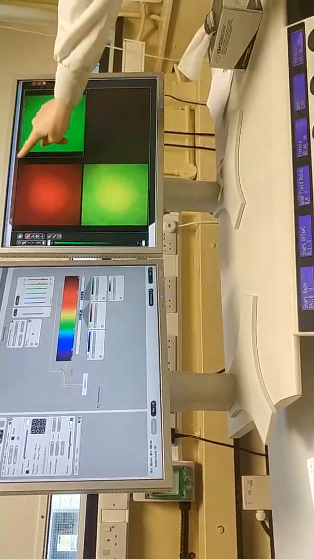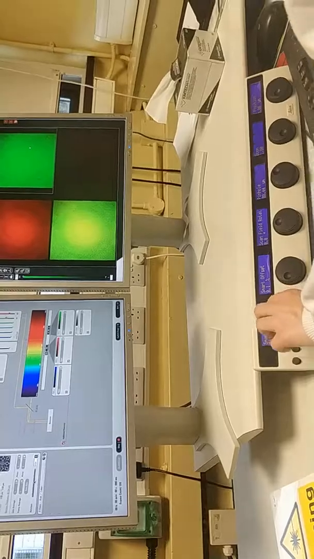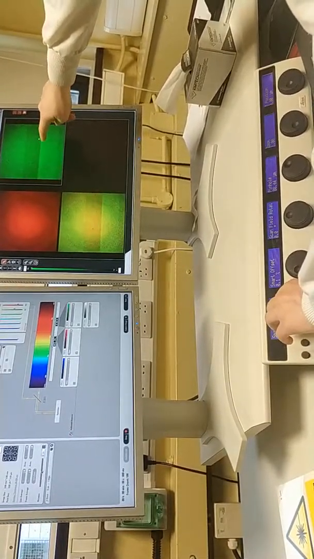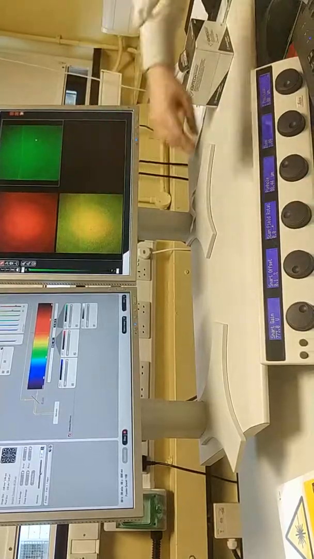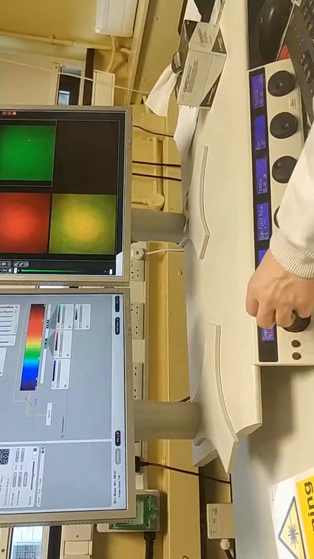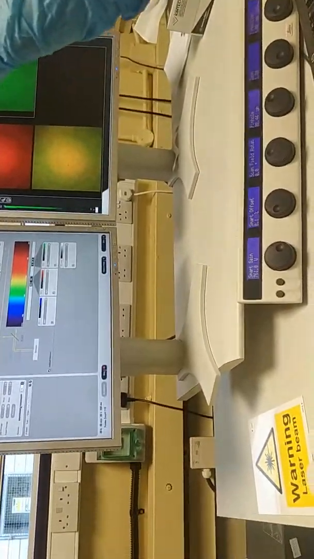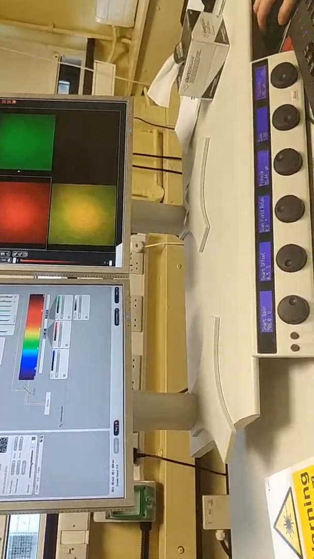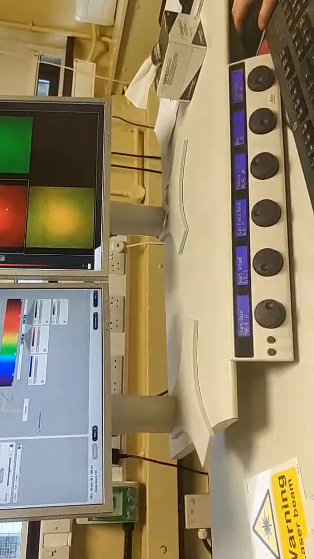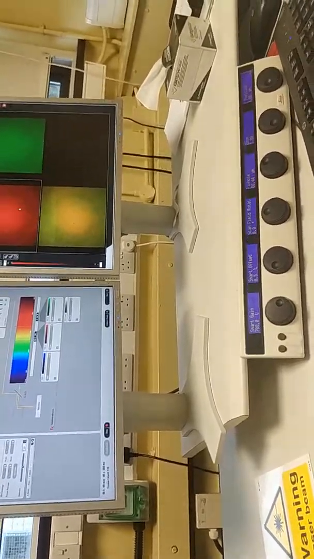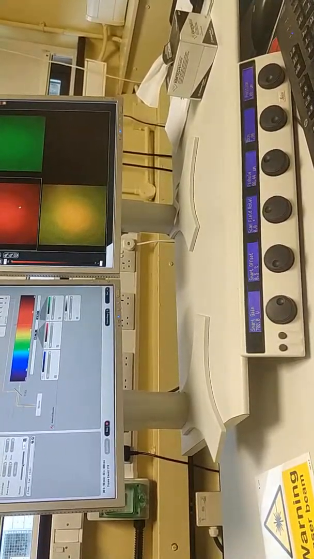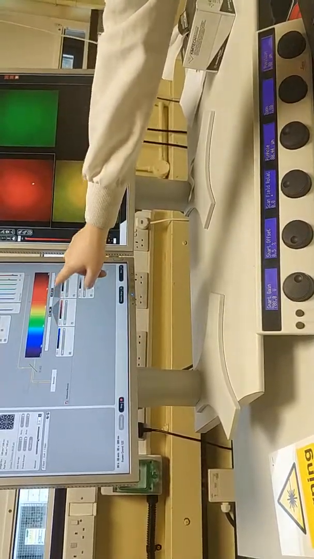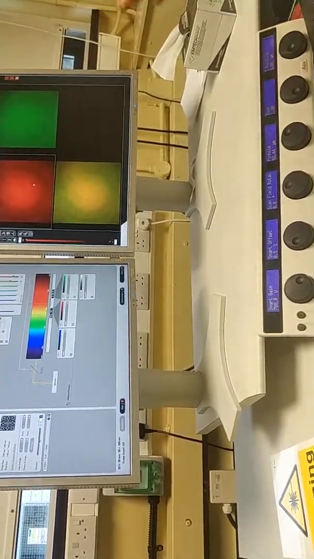Now the white square is here, and then if you decrease the gain, it applies to this one. Okay. And this is always the sum of both. So I can use two different gains? Yes, you can use different gains, because they are different dyes and they act independently. They are selected so that they absorb at different wavelengths and they emit at different wavelengths, so they are completely independent.